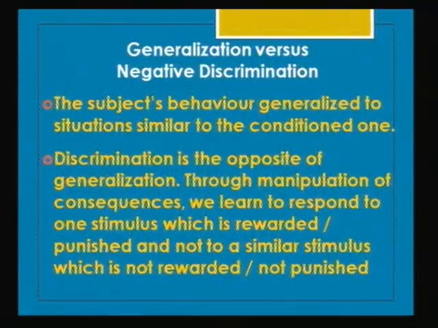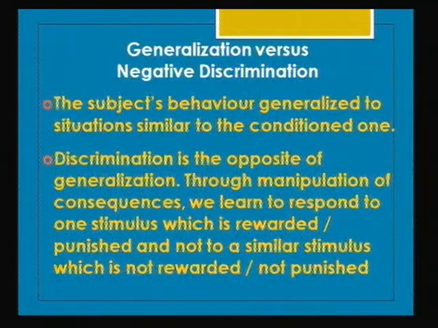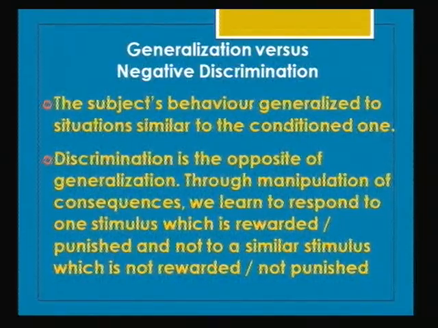So if I reward the response in S and if I punish the same response to S1, then gradually the organism will learn to discriminate. So basically this is about Skinner's experiments and his major issues.